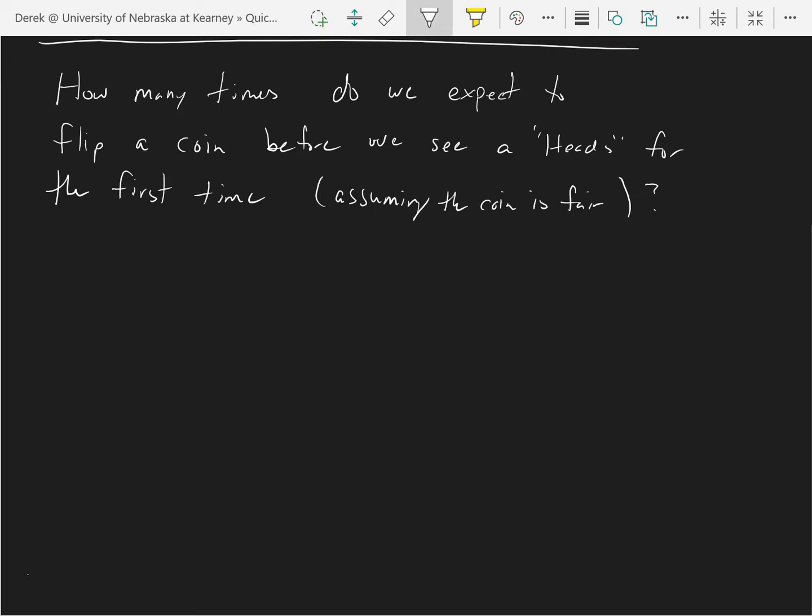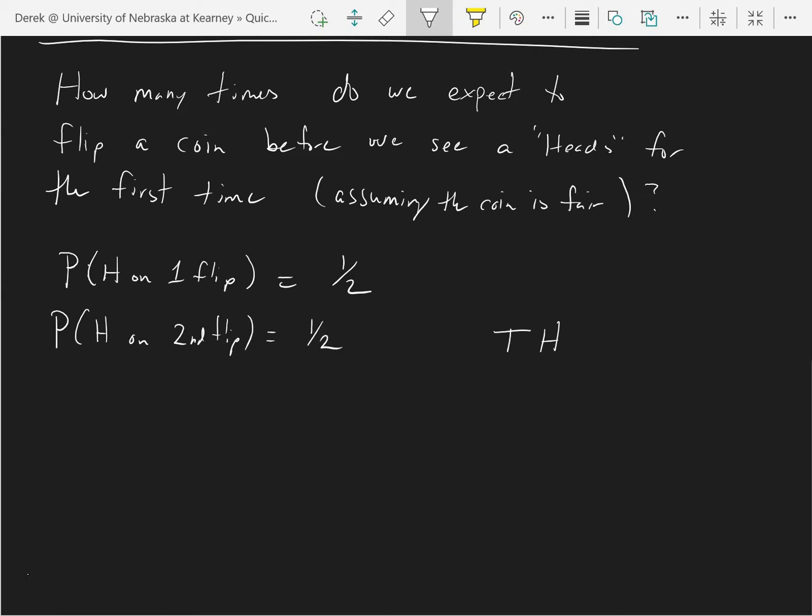So the probability of one flip getting a head is 1/2. Probability of heads on the second flip, but not the first, is, well, I need to go tails and then heads, and so the probability of getting a tails first and then a heads is 1/2 times 1/2, or 1/2 squared.